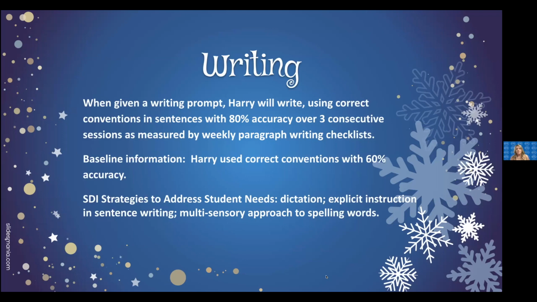And also throwing in that multisensory approach to those spelling words. That multisensory approach to reading and writing helps with the spelling. And they can use different strategies for that.